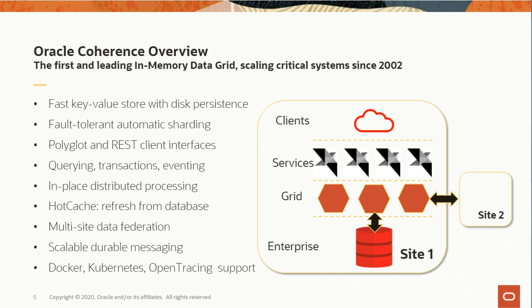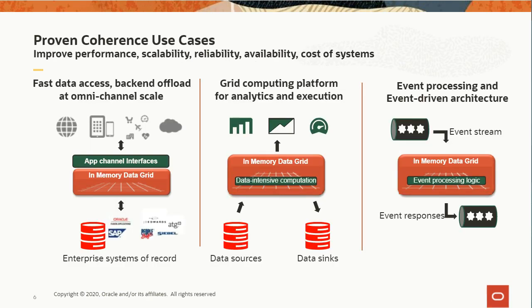We tend to sit between services and enterprise data sources and cache data that's used by services. So that's a little introduction to Coherence. Now let me talk briefly about use cases for Coherence. Users use it to improve the performance and scalability and reliability of their systems.